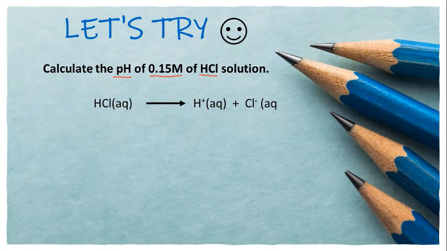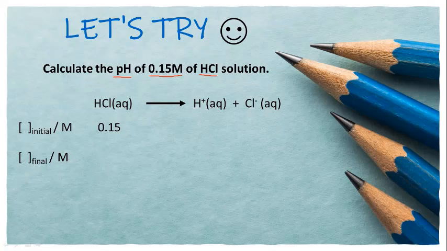HCl dissociates to produce a proton and chloride ion. On the left side, write the initial concentration in molar, which is the unit of the concentration, and the final concentration in molar. Initial concentration for HCl is given in the question, which is 0.15.